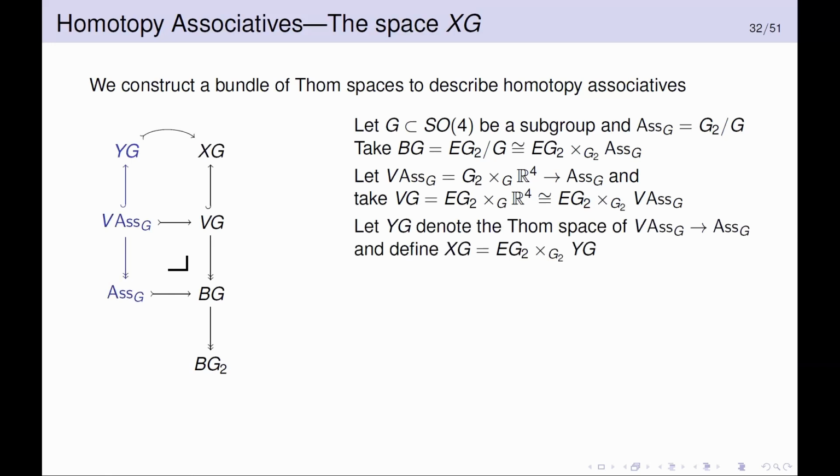Then, in the next step, we do a one-point completion on the left. So we have YG, that's now the Thom space of this bundle, BG over As G. And we use the G2 action on all this to form a bundle over BG2 with fiber YG, and this bundle is called XG.